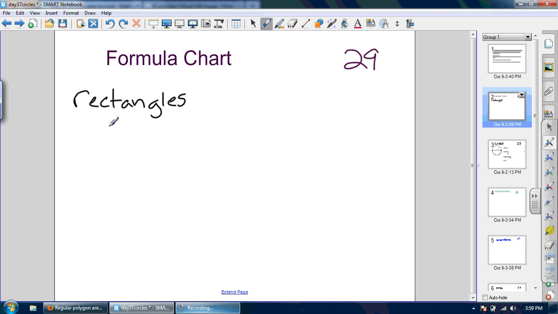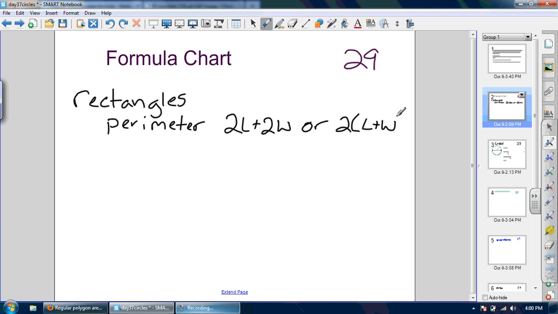And so I'm going to assume we all said that for rectangles, we have a formula for perimeter, which we said was 2L plus 2W, or 2 times (L plus W), where L and W are just length and width.